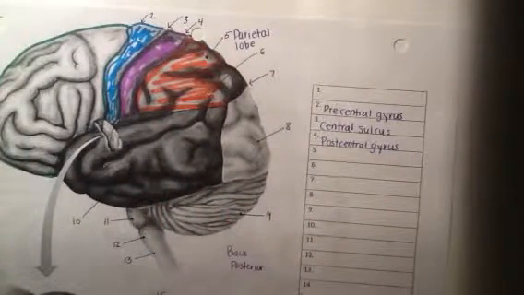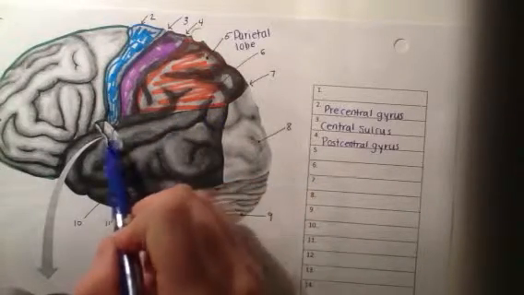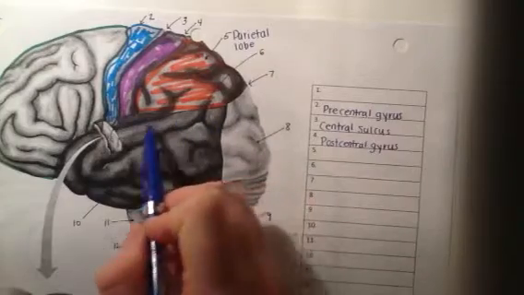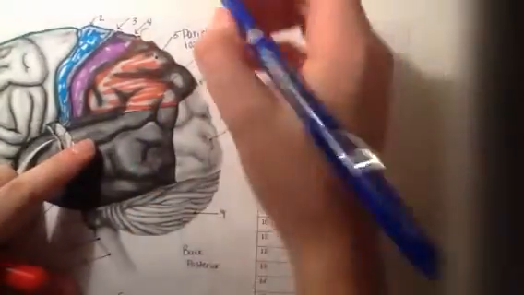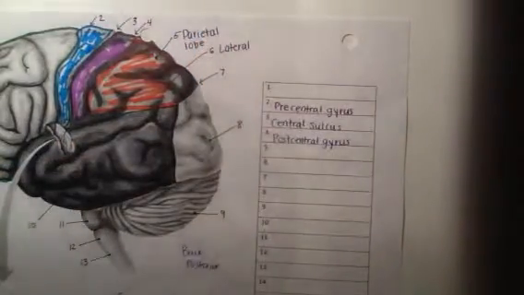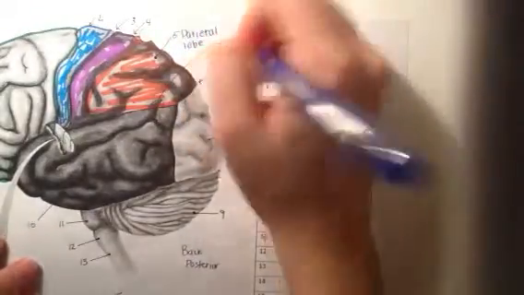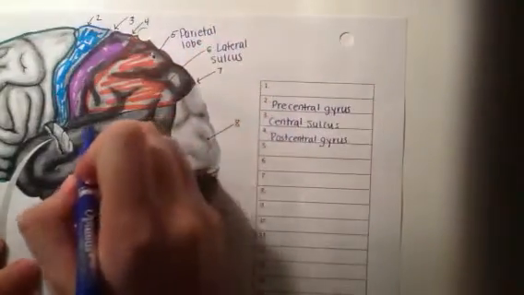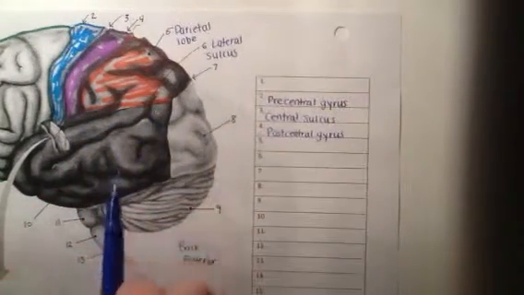Number 6 is a sulcus, so it is a groove that runs laterally through the brain. So it is called the lateral, and since it is a groove, not a bump, we're going to call it a sulcus. So it's like these lines here that you can kind of see in your copy are the sulci.